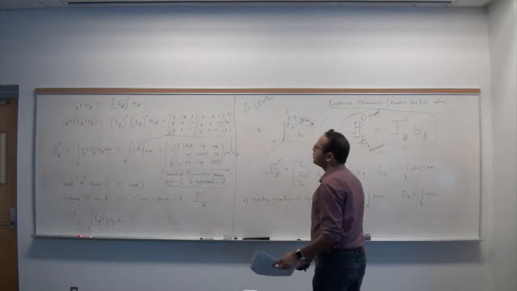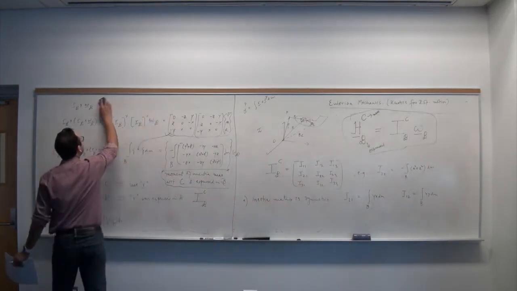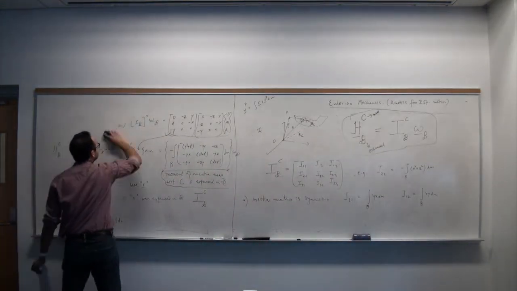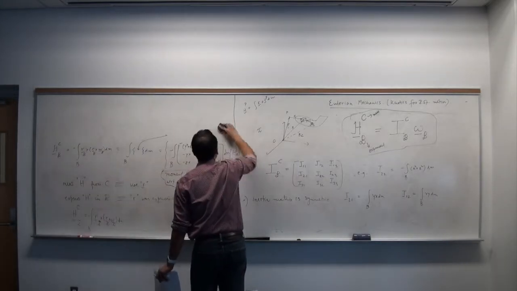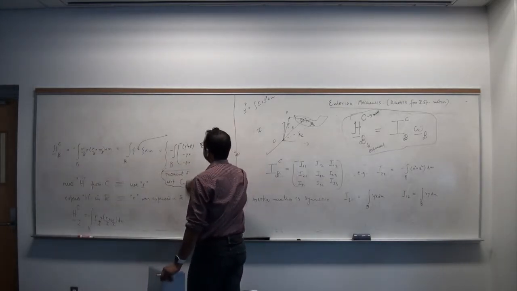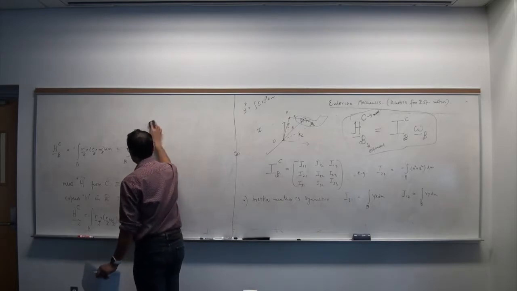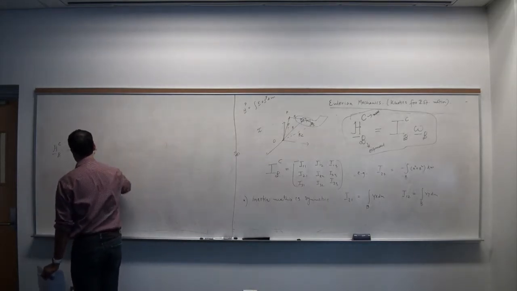Okay, so where are we in terms of the overall development of Euler's equations? Remember, we are trying to write the angular momentum with respect to the origin.